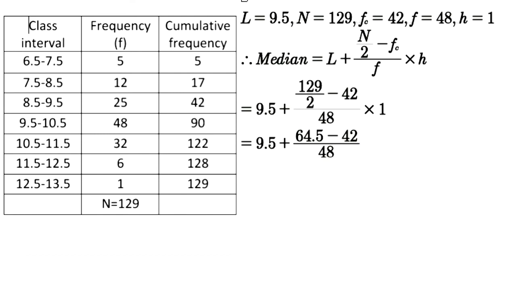Then if you multiply any value by 1, it will give you the same number. Therefore, no need to write down the multiplication by 1. Then it equals 9.5 plus 64.5 minus 42, which is 22.5, divided by 48.